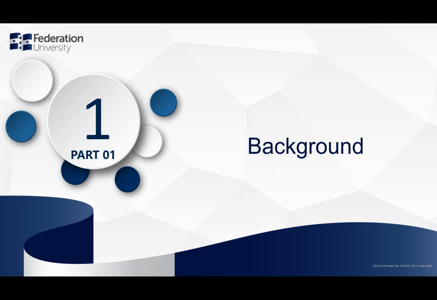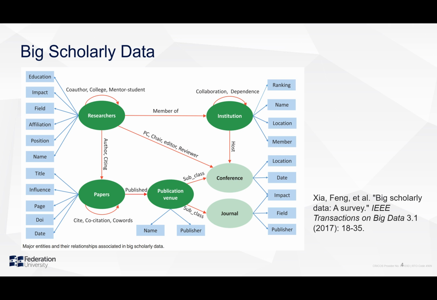Okay, the first part is the background information. From this figure, we can see that big scholarly data is mainly composed of 4 parts: researchers, their publications, published venues, and institutions. And also other informational features, like researchers or scholars have features like education experience and academic impact index like H-index, as you may know.